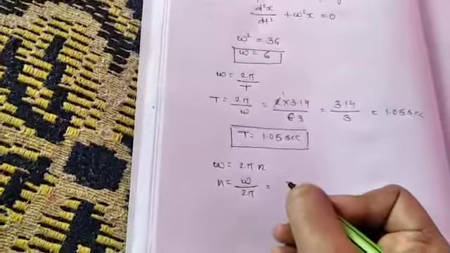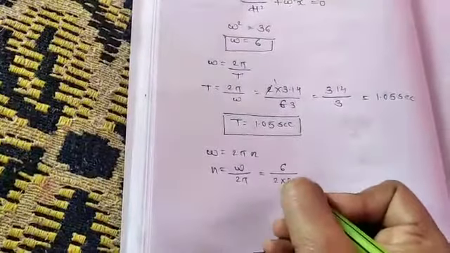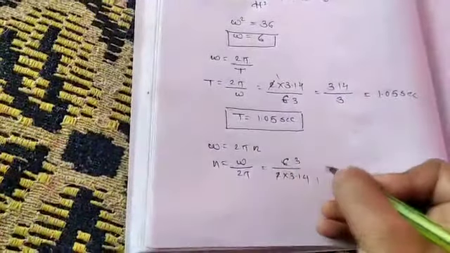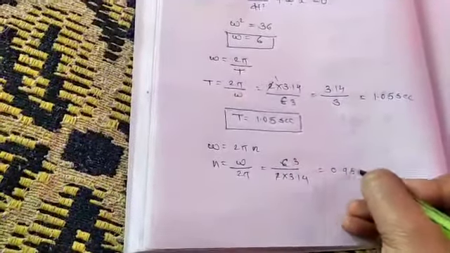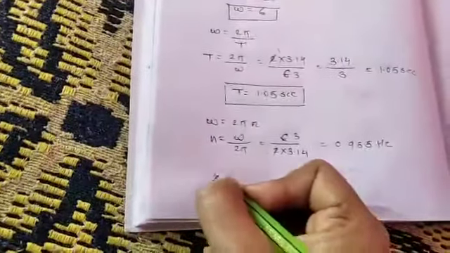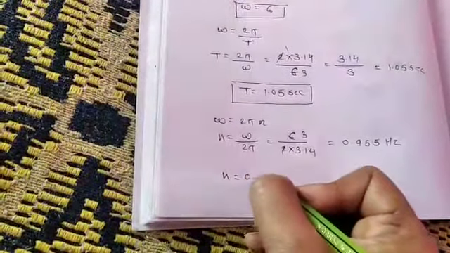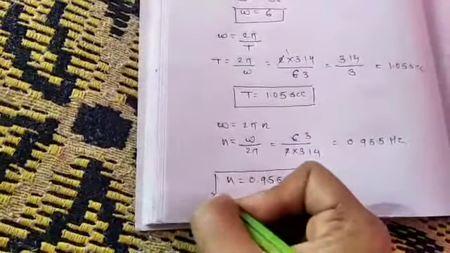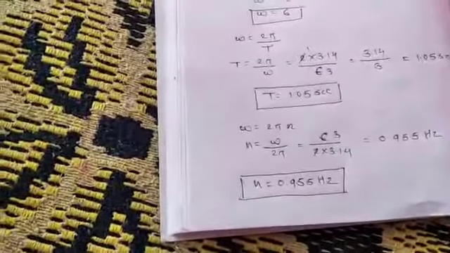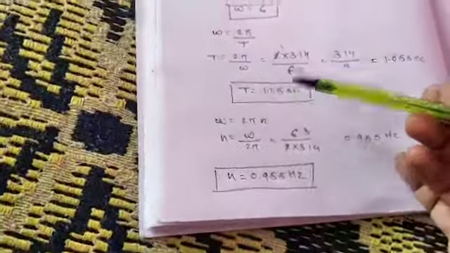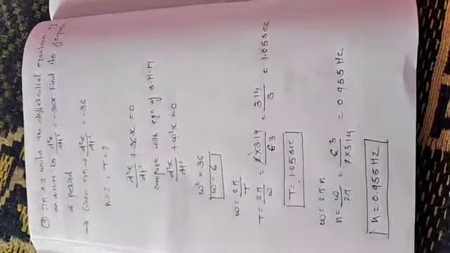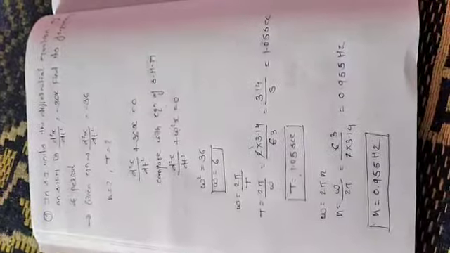Here omega is 6, divided by 2 into 3.14, so we have 0.955. This is the frequency. So we got the period as 1.05 second and the frequency as 0.955 hertz. You can solve this or copy it and then again try to solve this.